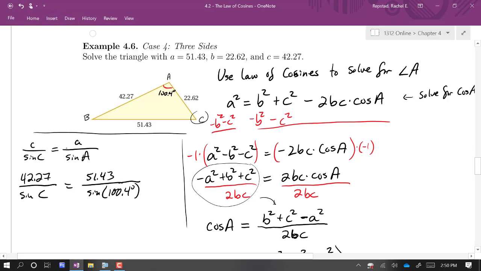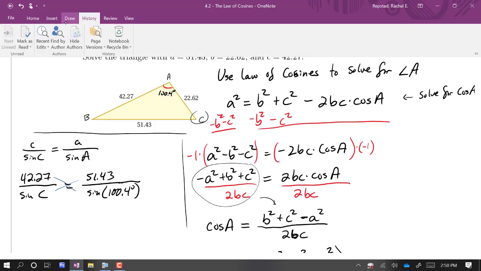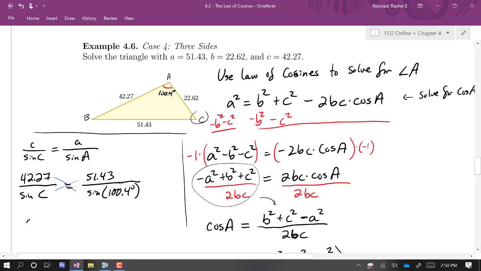Taking the cross product says that 51.43 times sine of C is equal to 42.27 times sine of 100.4 degrees.